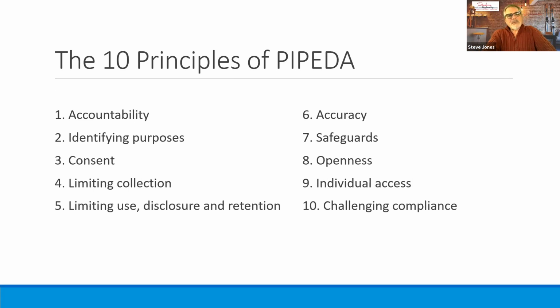So the 10 principles of PIPEDA are that there's accountability to the people who are collecting the information. They're responsible for everything they do with it and why they collect it. Number 2, we have to identify why we're collecting it, tell people we're collecting this information for this purpose, and promise them it will only be used for this purpose.